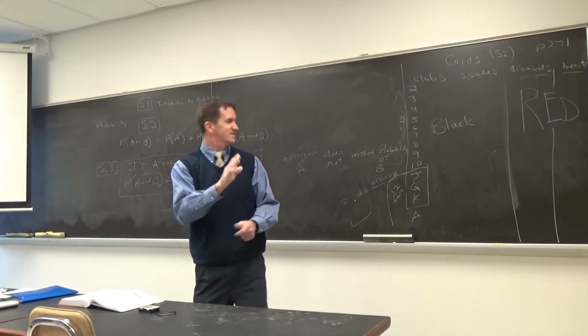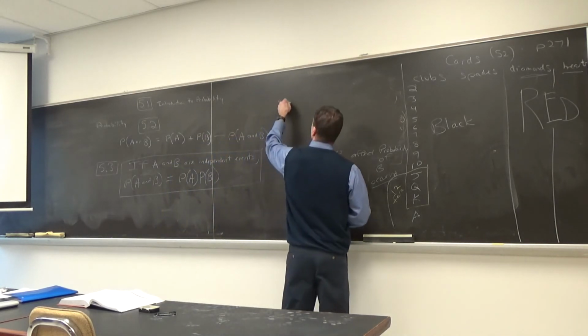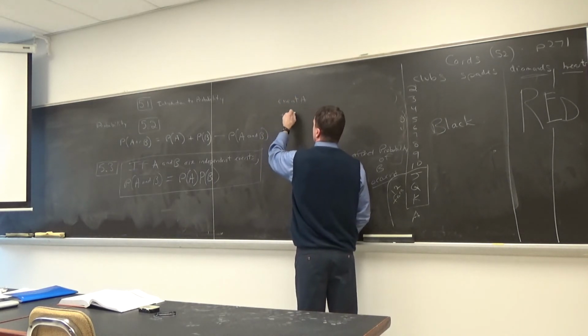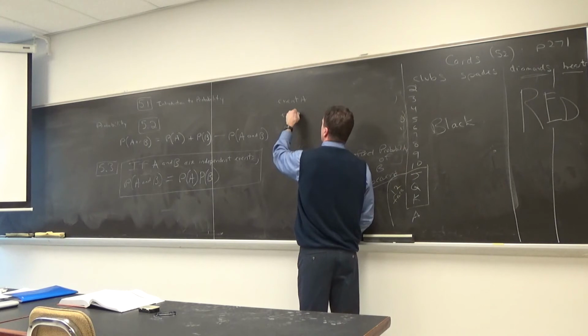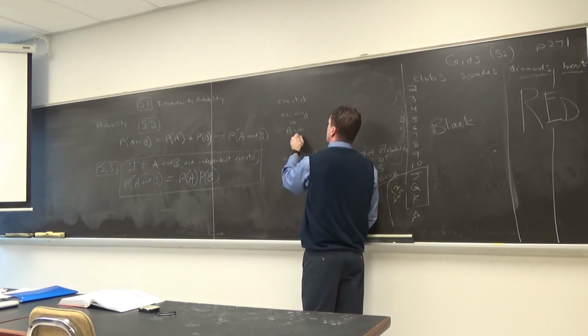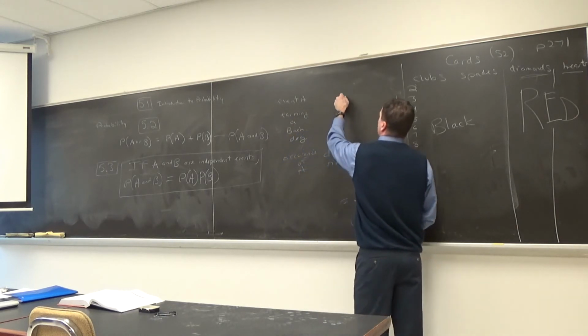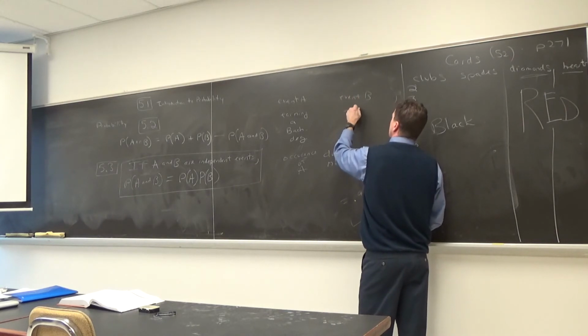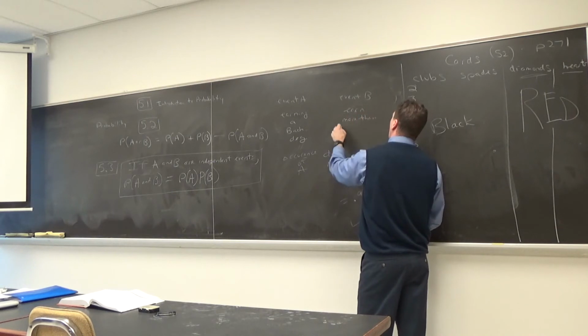Now listen to this. Let's say event A is earning a bachelor's degree. There's a lot of people in this room who are going to finish or are working on a bachelor's degree, so I'm just going to put earning a bachelor's degree. That's event A, and event B is to earn more than $100,000 in a year.